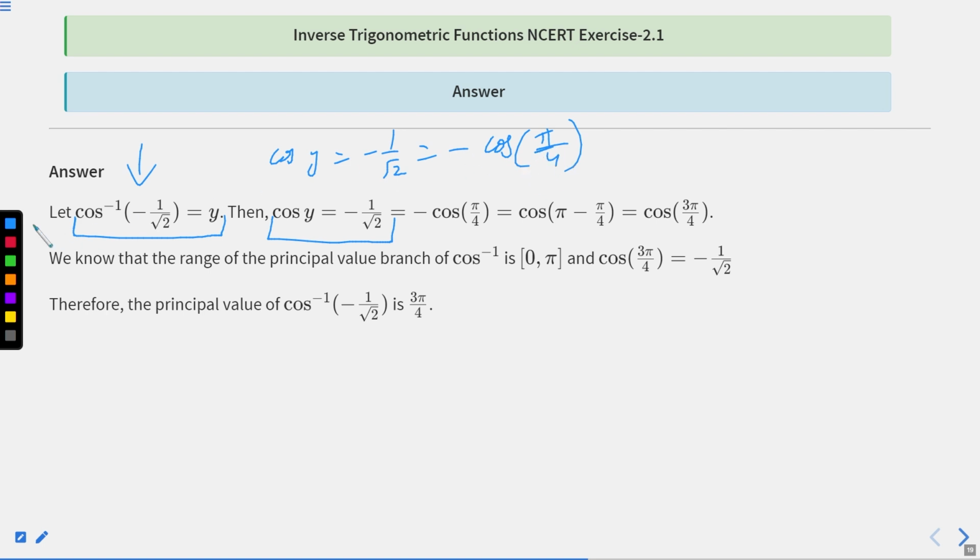Now as you can see, it is minus cos pi by 4. So this means my cos will be either in the second quadrant or in the third quadrant.